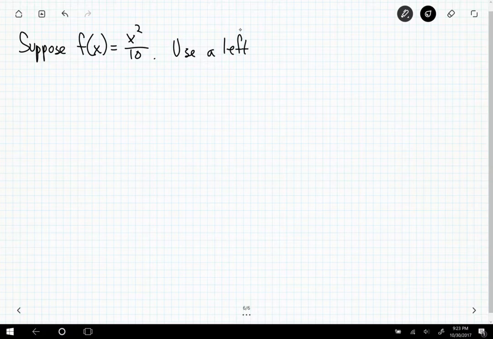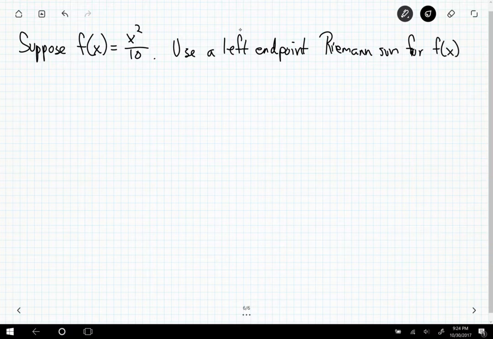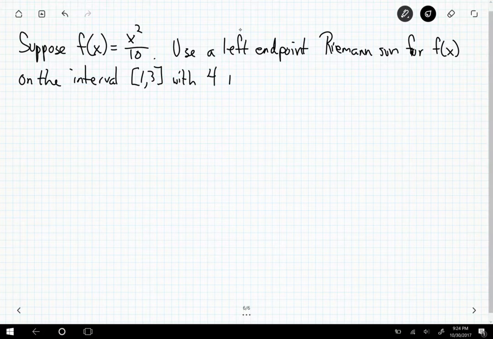Use a left endpoint Riemann sum for f of x on the interval 1, 3 with, let's say, 4 rectangles, to approximate the area under the curve.